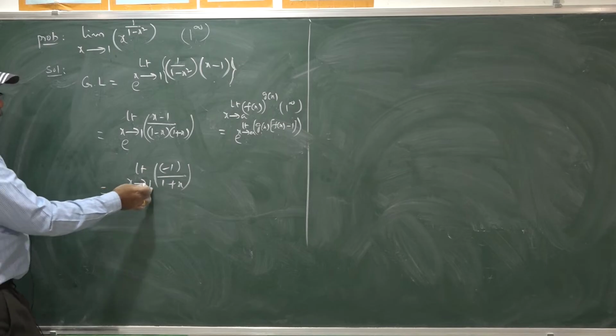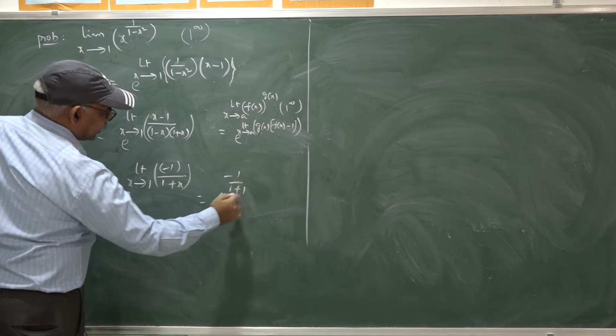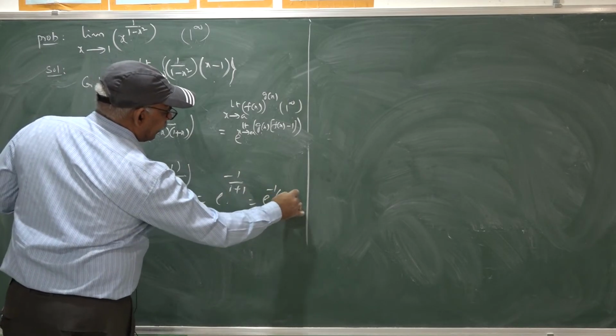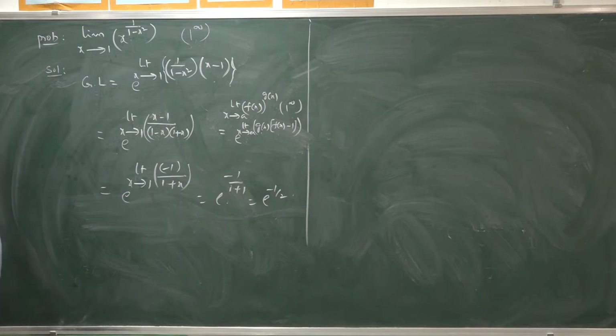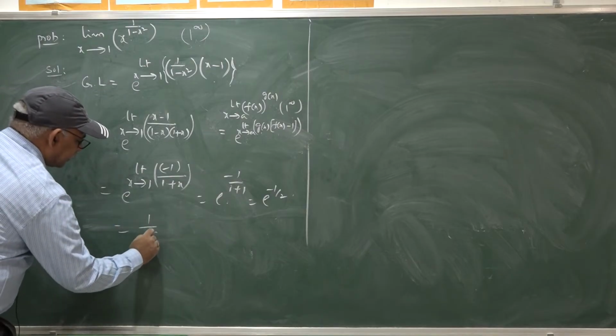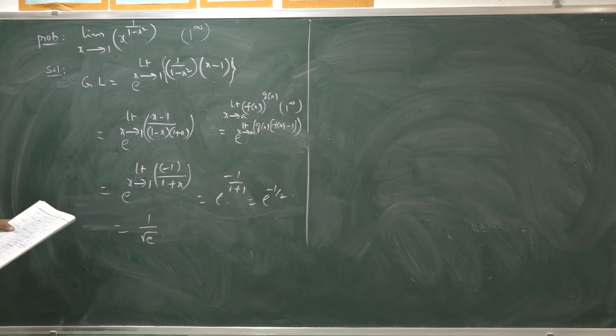As x goes to 1, clearly it takes a finite value, which is minus 1 by 2. So, the required limit is e power minus 1 by 2, which is a finite value, 1 by root e, because e power minus 1 by 2 is 1 by root e. The required limit is 1 by root e.